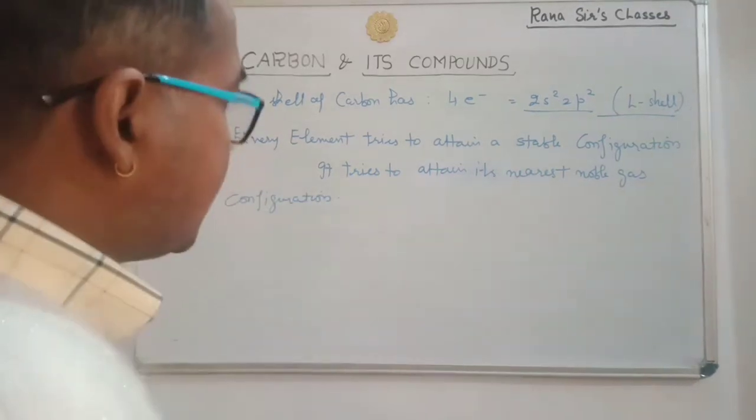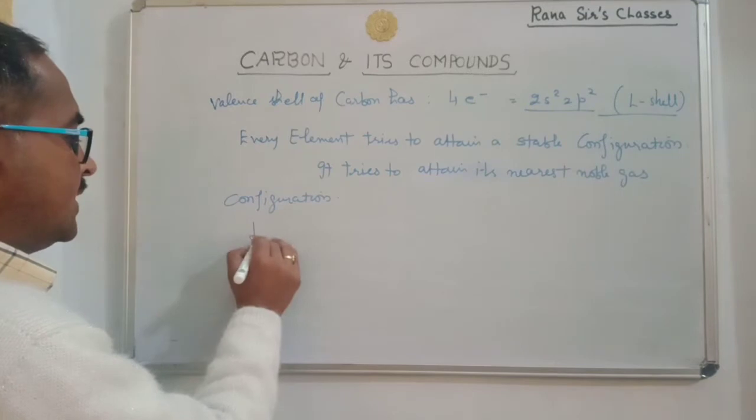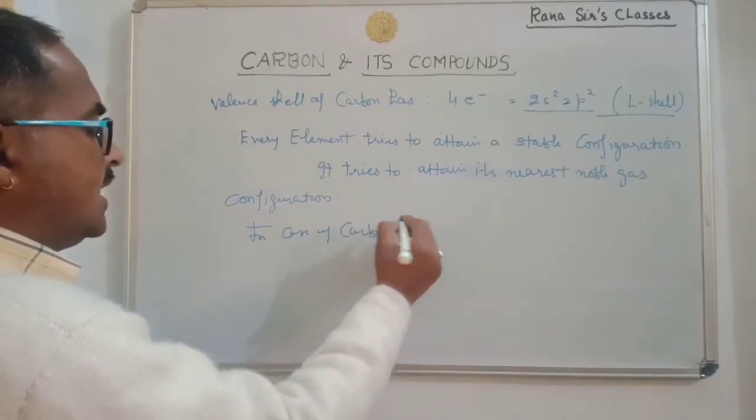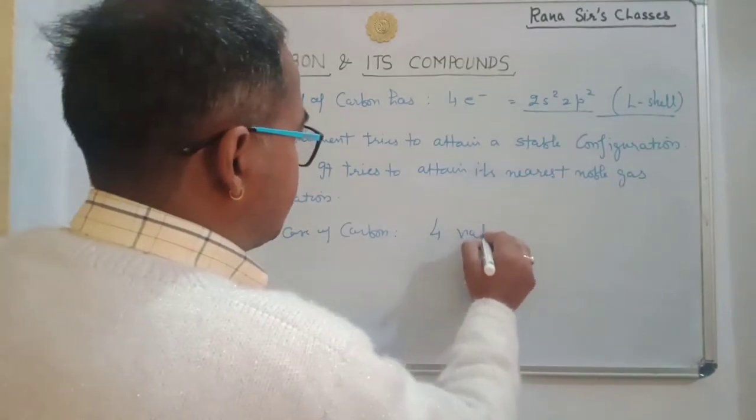Now, in case of carbon, there are 4 valence electrons.